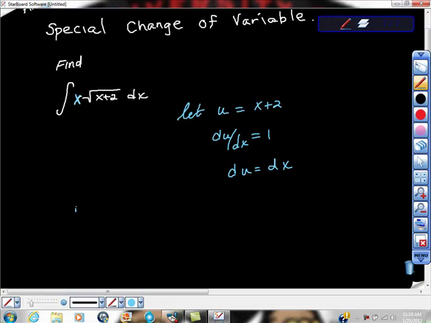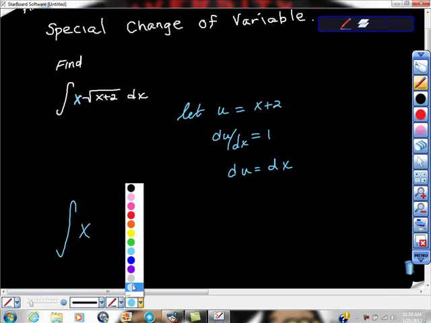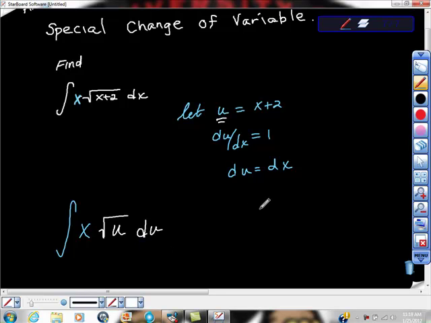So we're going to rewrite our integral here, and this x is this one. And then we have the square root of x plus 2. But remember, u is x plus 2, so there's our u. We can replace this dx because dx is du. Remember, the form we're trying to get to is f of u du, and we almost have it, don't we?